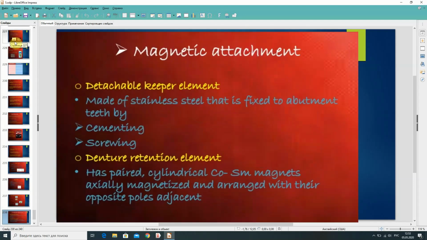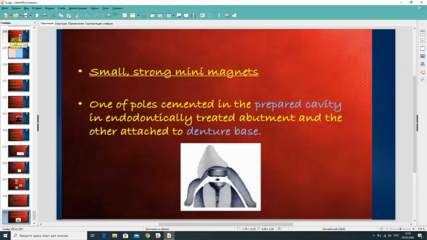And magnetic attachment. Small, strong mini magnets. One of the pair is cemented in the prepared cavity in an endodontically treated abutment, and the other is attached to the denture base.